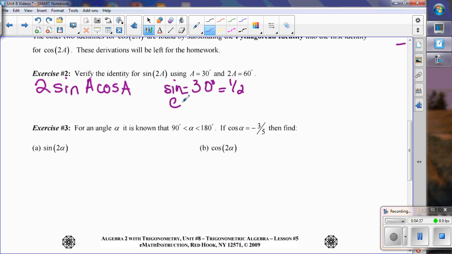And we know that the cosine of 30 degrees is root 3 over 2, not both 1/2. You guys should have known that. So this is really 2 sine of 30 times the cosine of 30, which should equal the sine of 2 times 30.